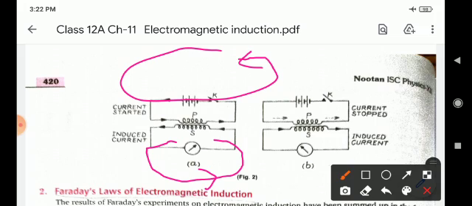In the next figure, if the key is off, current will not flow in the primary, but an induced current is still applicable.